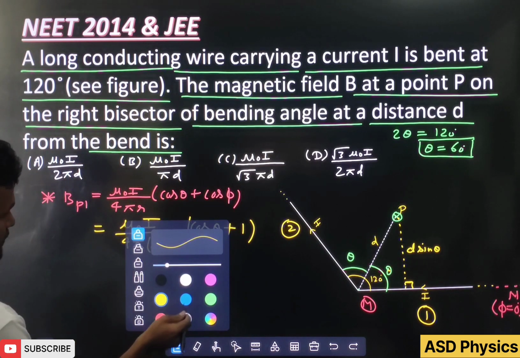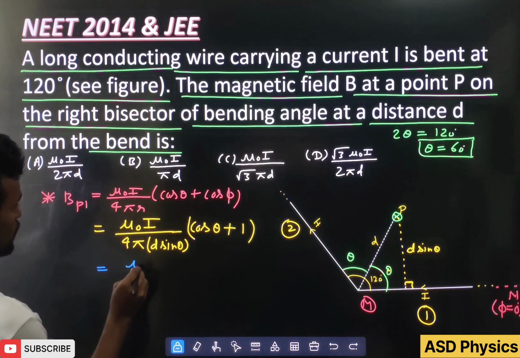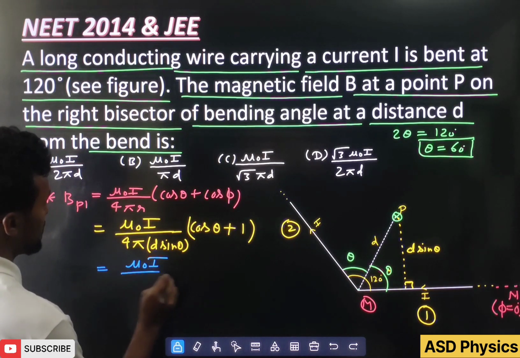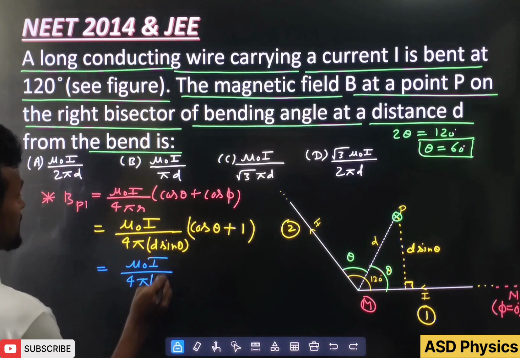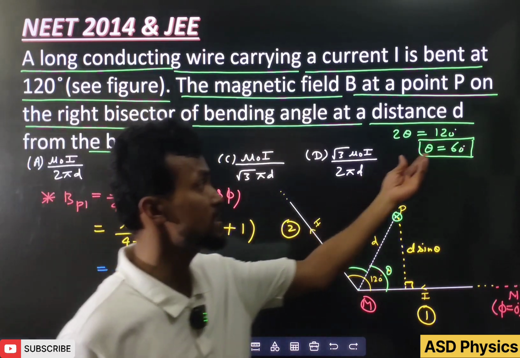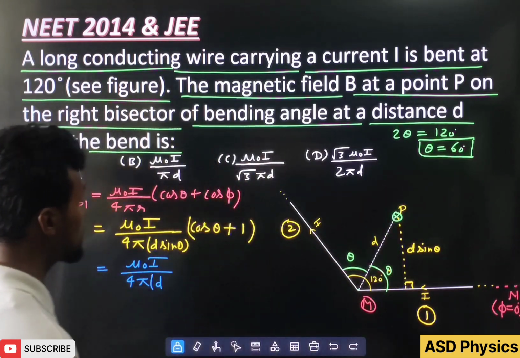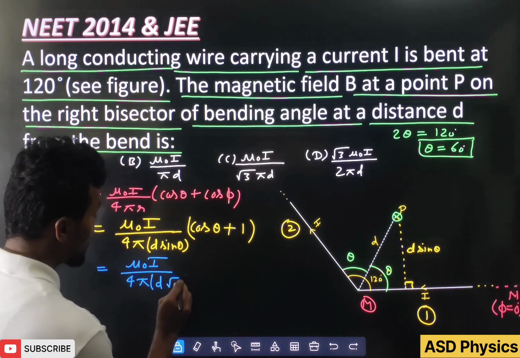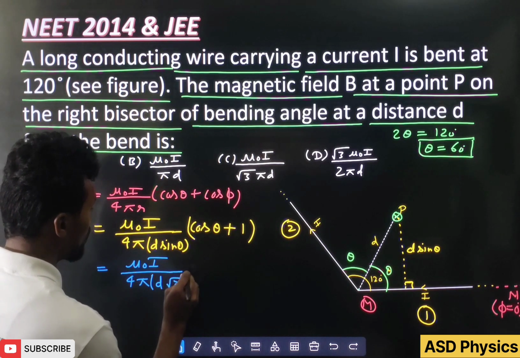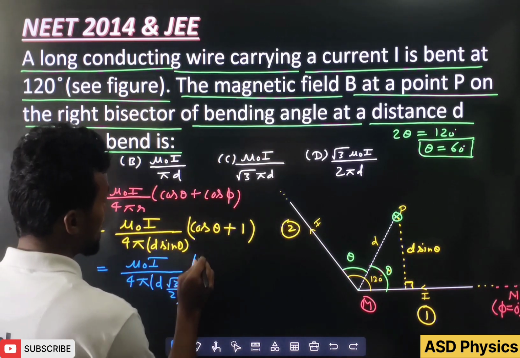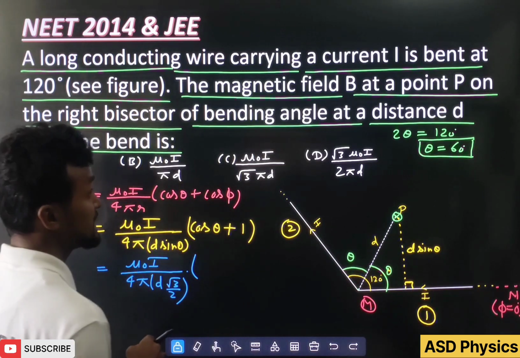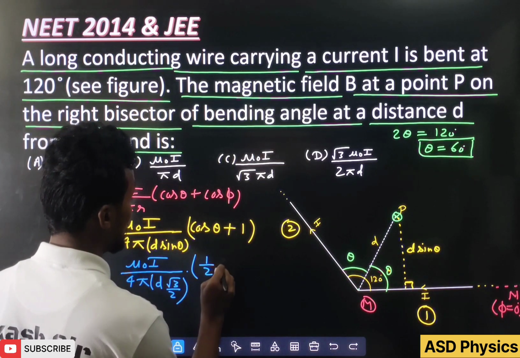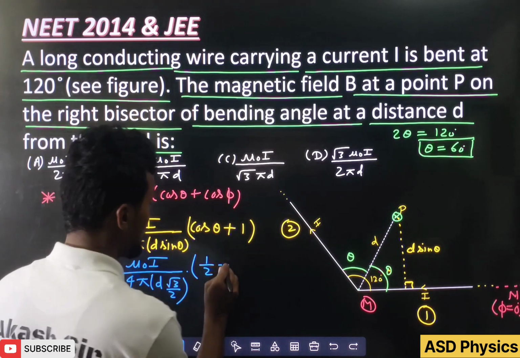Now if I put the values, mu naught I by 4 pi D, theta is 60 degree, so sine 60 is root 3 by 2, into cos 60, which is half, plus 1.